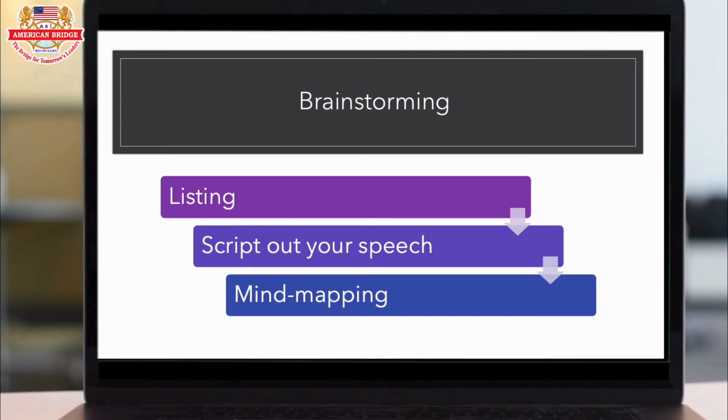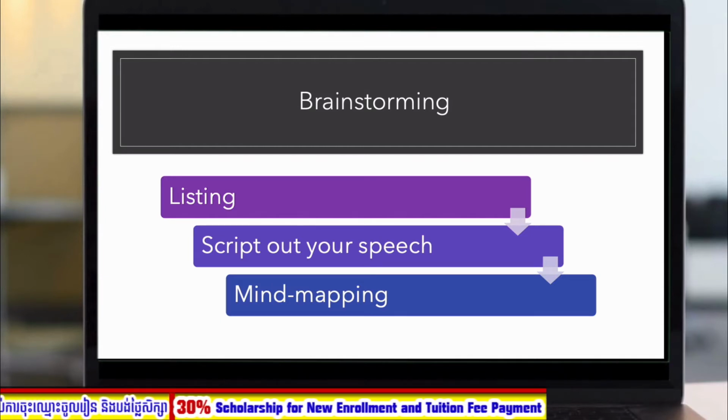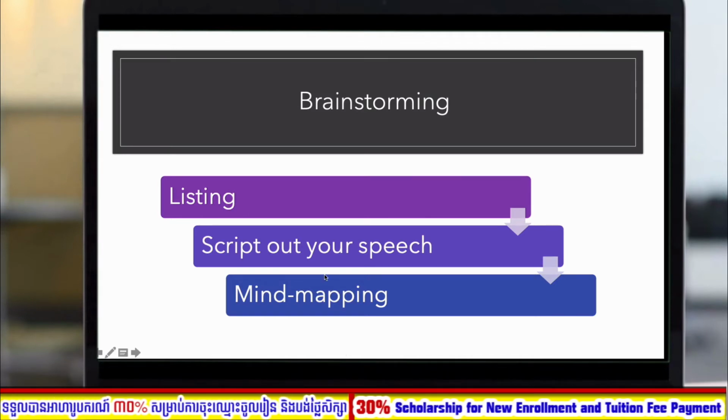As you already learned from the writing skill about brainstorming, we have three strategies, right? The first one is listing. You can list information down in speaking as well. Or you can write your whole script of the presentation, what you are about to speak, and then write it down. It is also a good strategy.